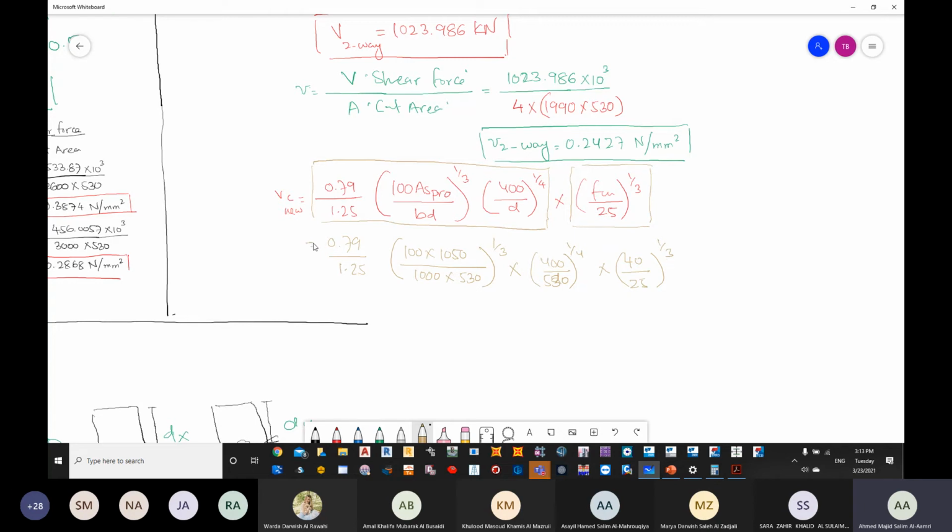Can you give me each portion's values? Can you give me 0.79 divided by 1.25? How much is it? I think this will go as 0.632. It will not change.